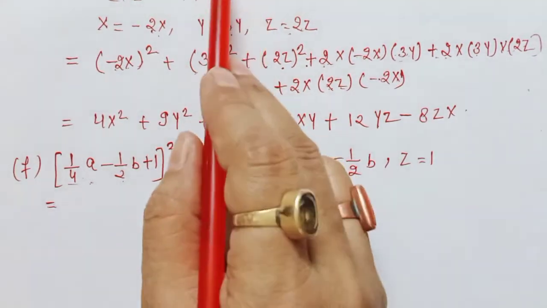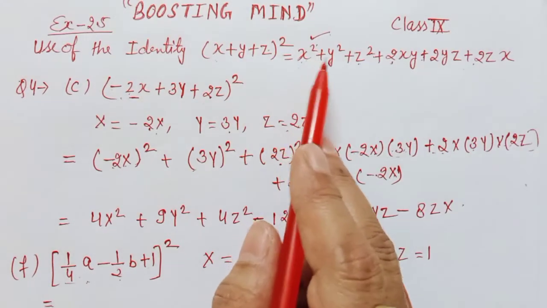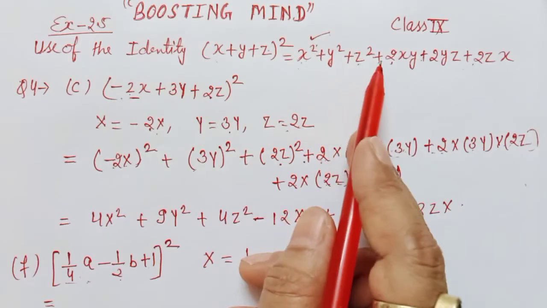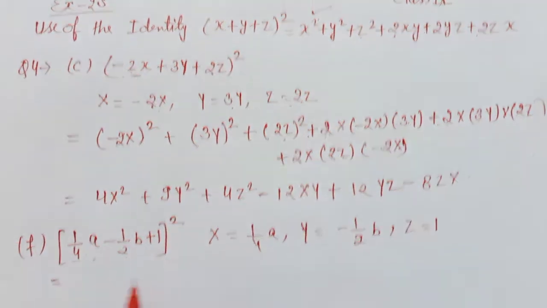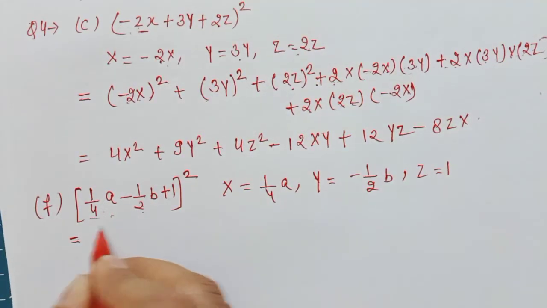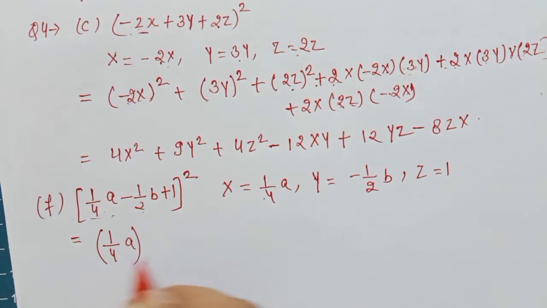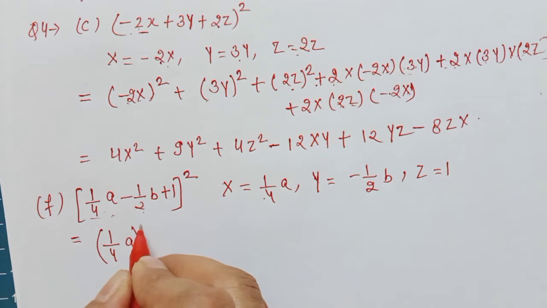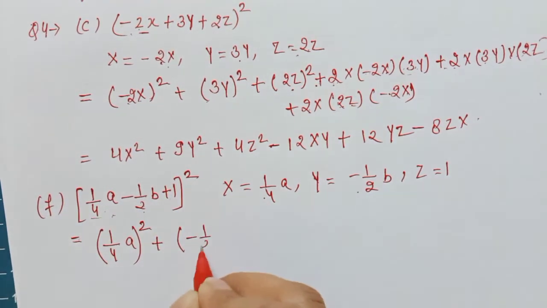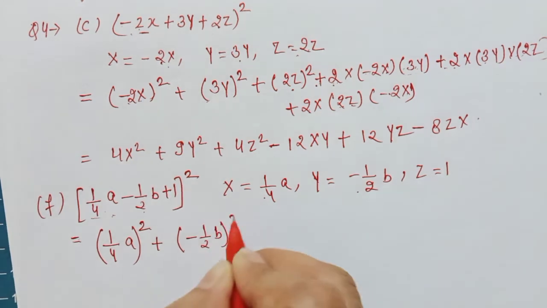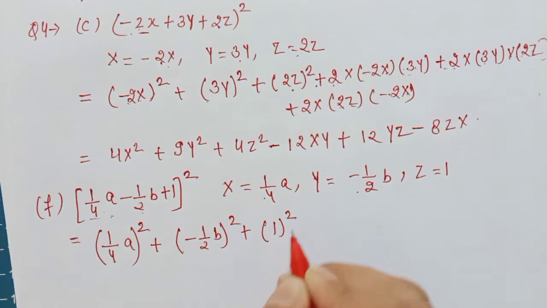Now use this formula: (x + y + z) whole square equals x square plus y square plus z square plus 2xy plus 2yz plus 2zx. First term is x square, but we have 1 upon 4a in the place of x. So we have to square this number, square the second number which is y, and square the third number which is z here.